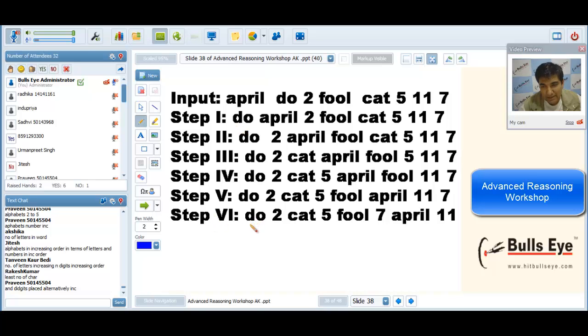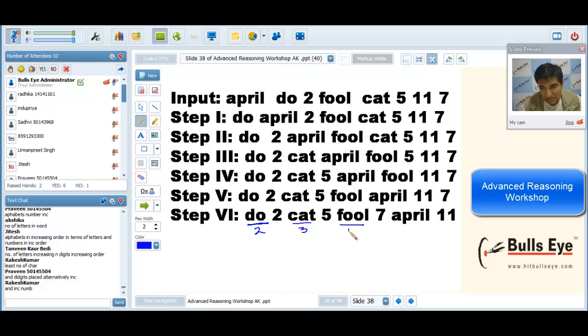This is arranged by the number of alphabets in the word. This has 2, this has 3, this has 4, and this has 5. So the number of alphabets are increasing, and alternatively the digits are also increasing. Is it okay people?